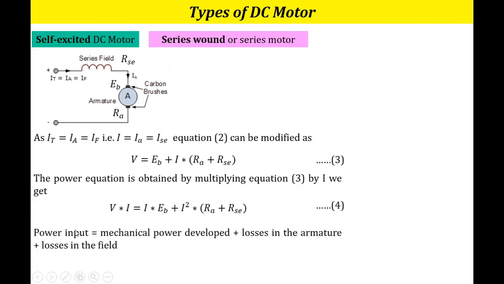The power input is resolved into three components: mechanical power developed, I into EB, plus losses in the armature and losses in the field. So V into I equal to PM plus I square into bracket RA plus RSE, which is the losses associated with the armature and the field winding.